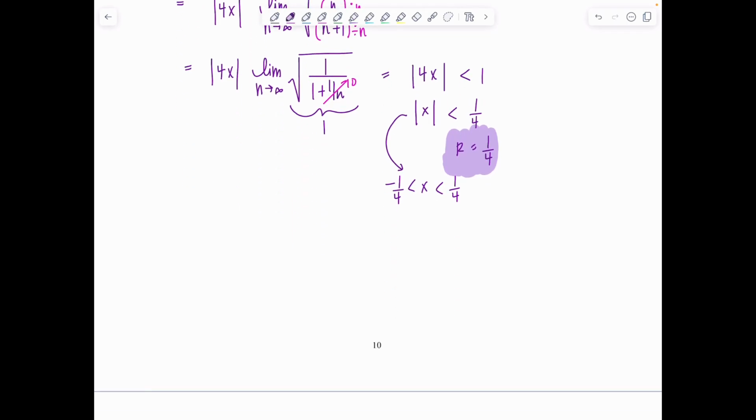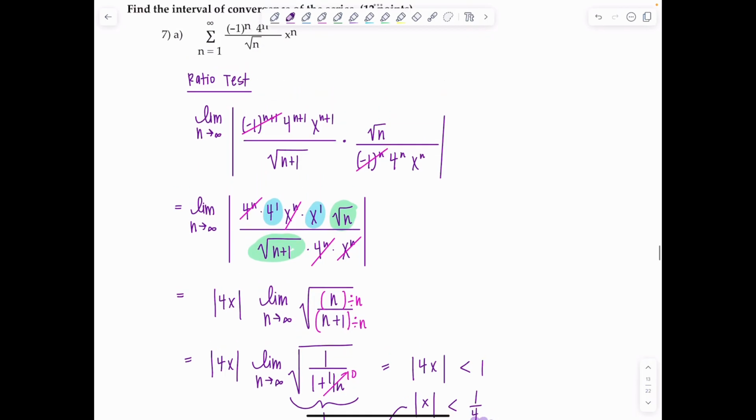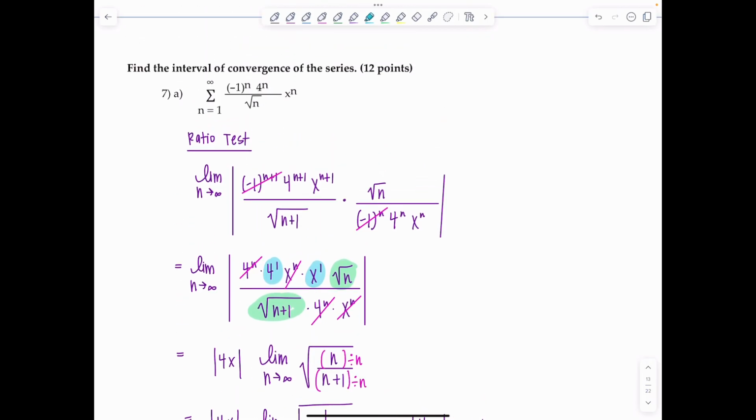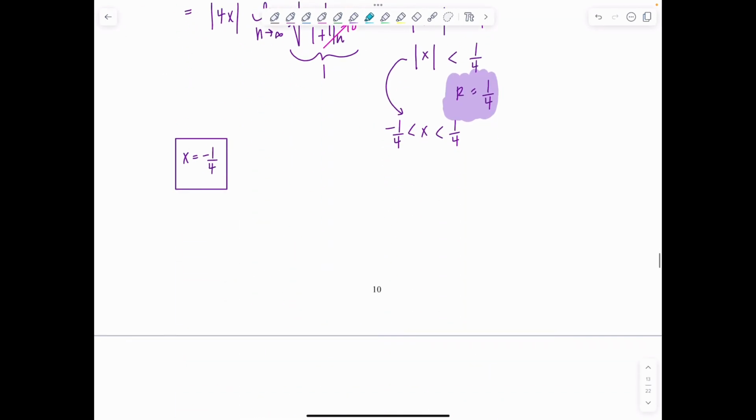Okay, let's do the negative one first. So x equals negative 1/4. You come back to the original series and substitute in negative 1/4 for x. So we've got the sum, n equals 1 to infinity, (-1)^n 4^n (-1/4)^n over rad n.